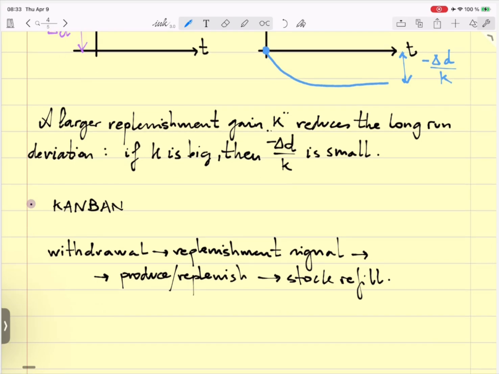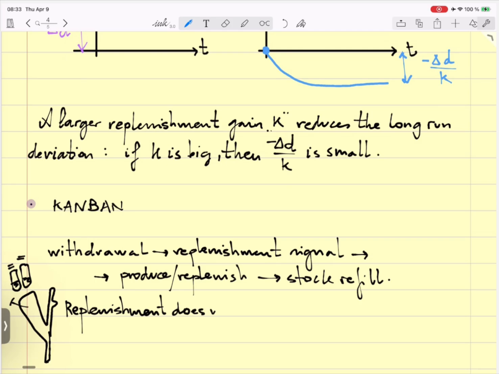Okay, it's a super simple way. The key point, and let me paint here my superhero H4 to remind you of the importance of this, is that replenishment does not occur instantly.